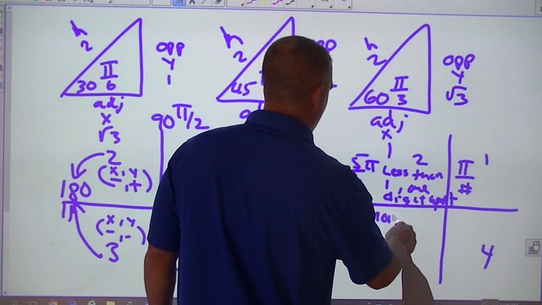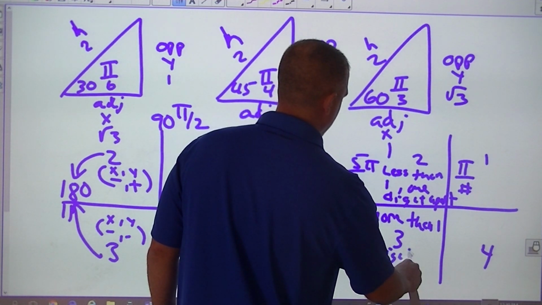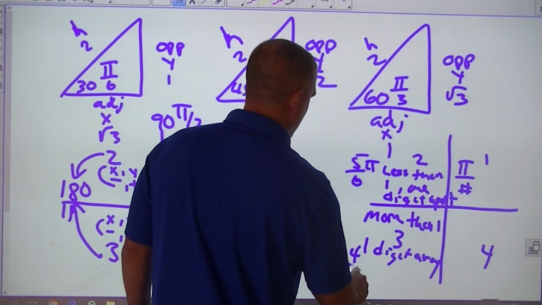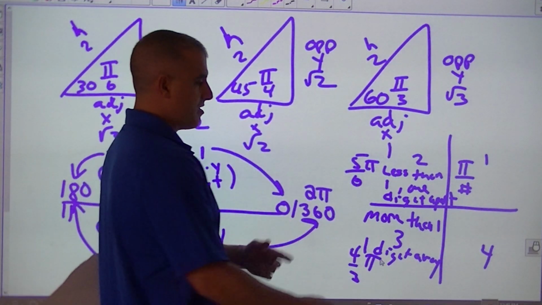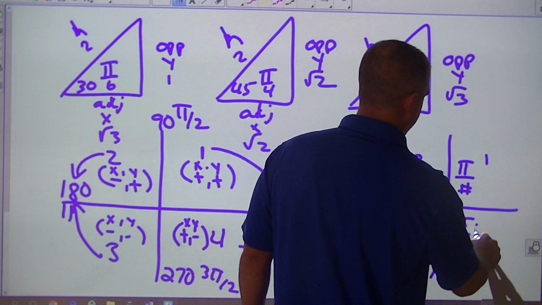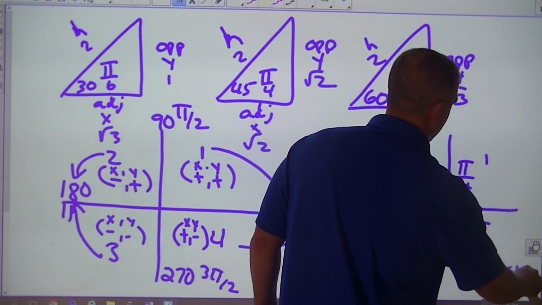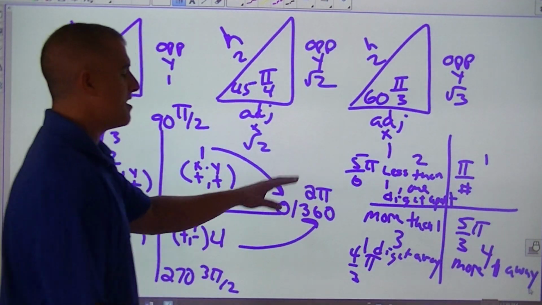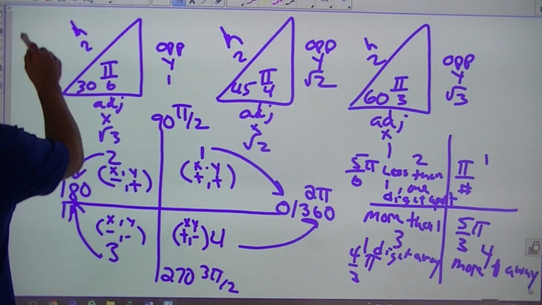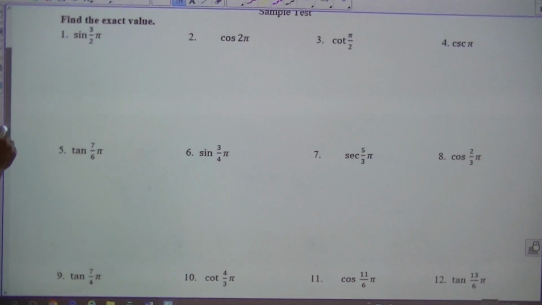This will be more than 1, one digit away. For example, 4 over 3 pi, more than 1. An example would be 5/3 pi, more than 2 away, more than 1 away. As you can see, that's how you figure out what quadrant you're in. So make sure you write that down. That's going to become imperative because I'm going to go through this pretty quick from that standpoint.